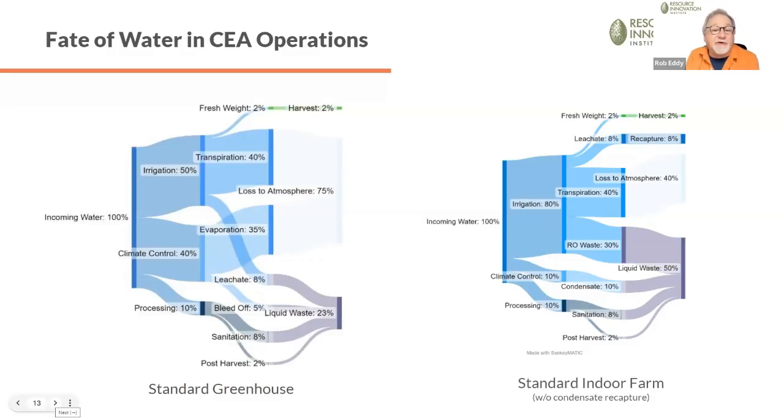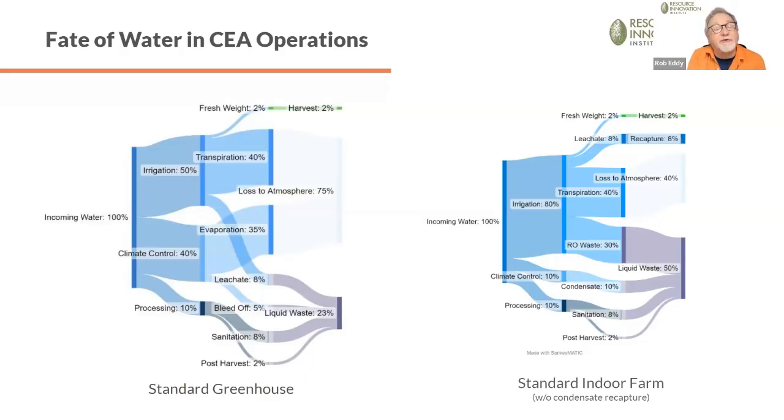And about 23% of it in a greenhouse becomes liquid waste of some form. Now, a standard indoor farm doesn't have evaporative pads like greenhouses, right? So it ends up not needing as much water as a greenhouse in general. But there are other waste sources for indoor farms, particularly RO.